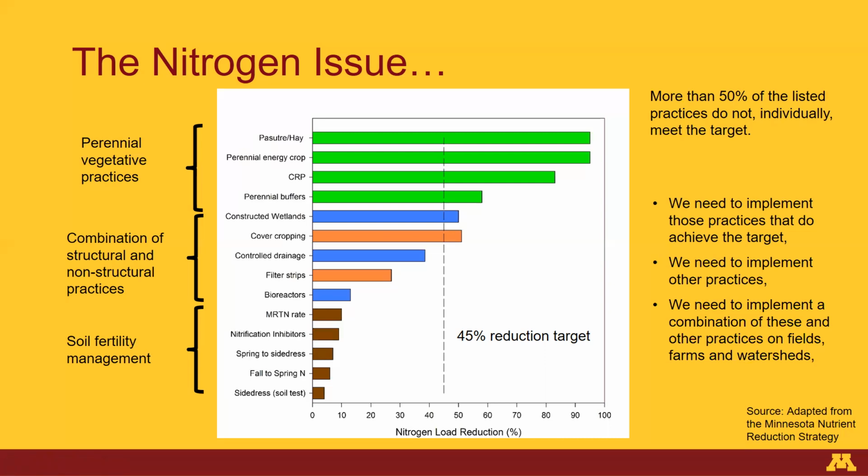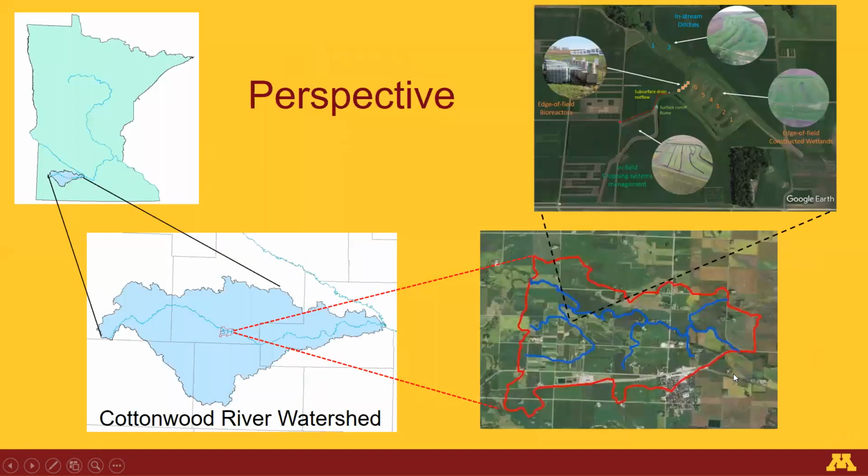We know that there are some limitations and there are some advantages and disadvantages, trade-offs, if you will, to all of these different types of things. But if we can think about implementing the best practices where they're appropriate on fields, on farms, and within watersheds, then we'll be able to make some headway in solving our nitrogen issue.